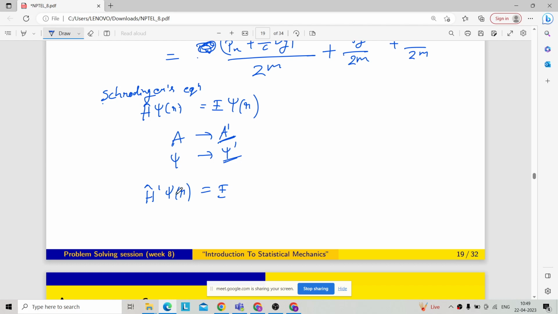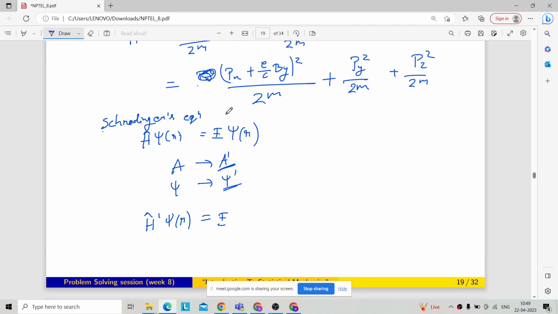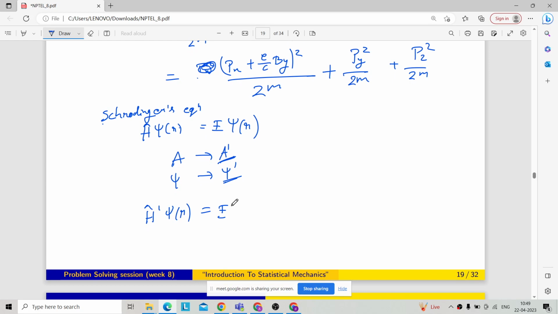Okay, let's just operate. Okay, so E psi prime of r, right? Energy may change.